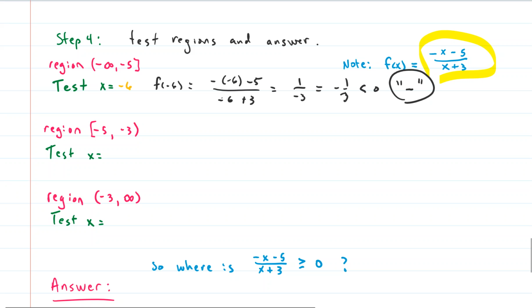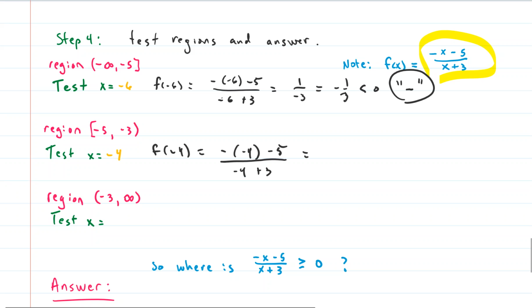Let's test the next region. The next region does not have 0, so let's do -4. I always like to use 0 whenever I can because it's just nice, but we'll do that for the last region. So -4 gives us (-(-4) - 5)/(-4 + 3).